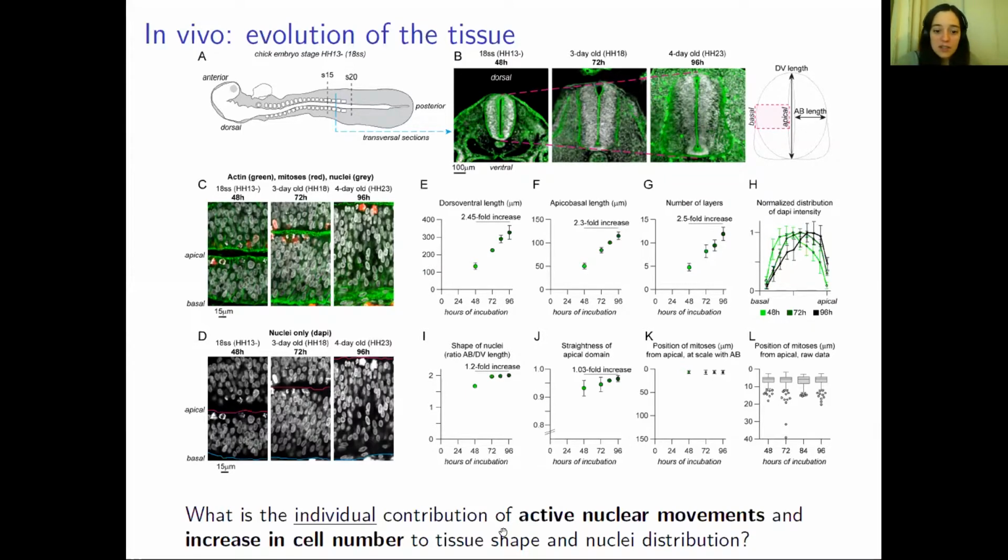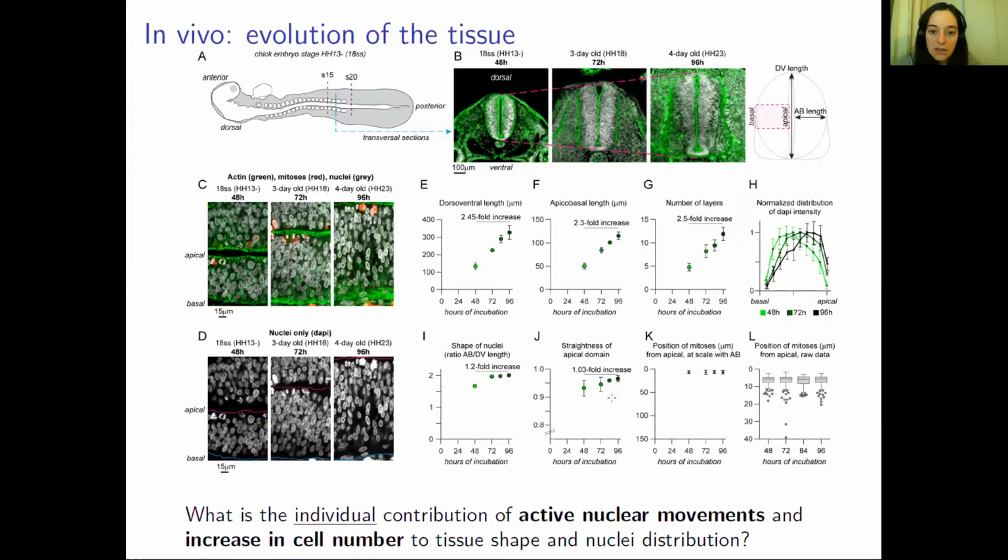Then the question is, what is the individual contribution of active nuclear movements prior to division, and what is the contribution of the increase in cell number to tissue shape and nuclei distribution? So we want to relate these two phenomena with these indicators of tissue shape and nuclei distribution.